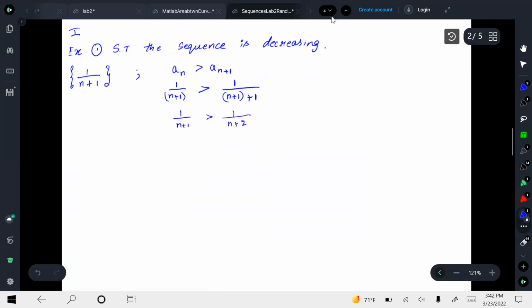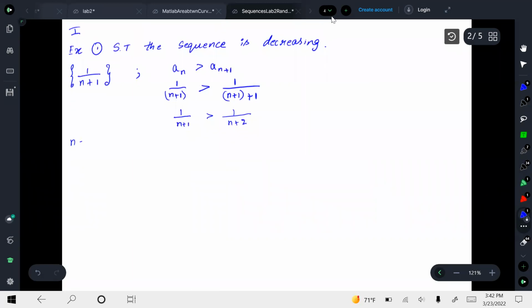Now, check whether this is true or false. Let us start with n equal to 0. For n equal to 0, 1 divided by 1 is greater than 1 divided by 2. Is this true or false?